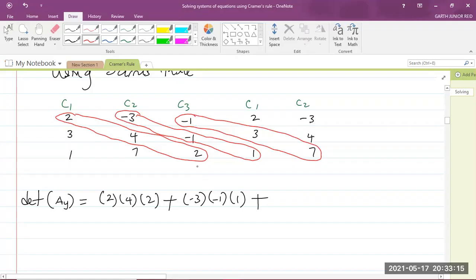So -1 times 3 times 7, minus the product of the other diagonals.